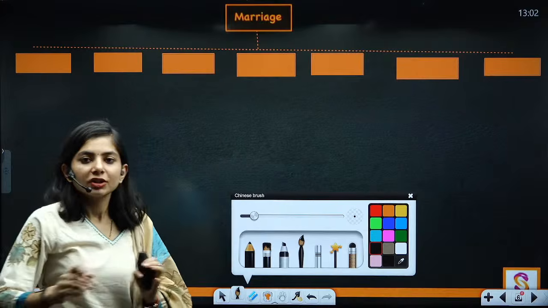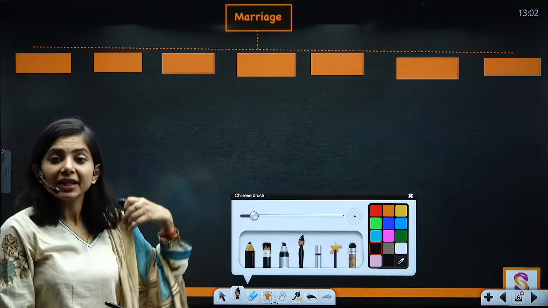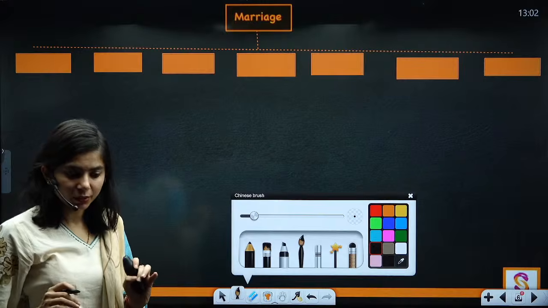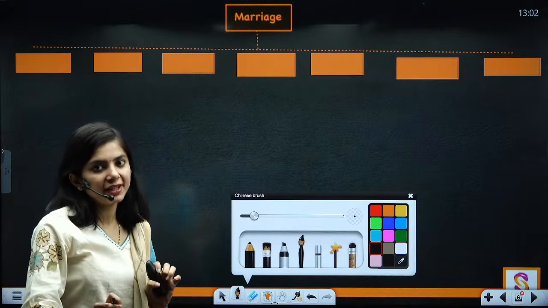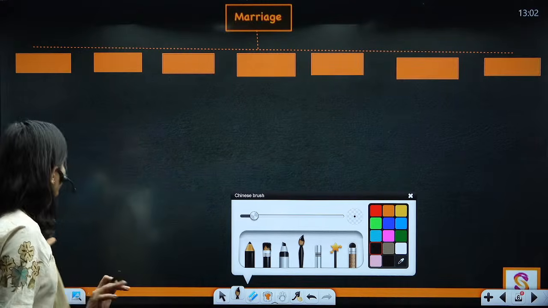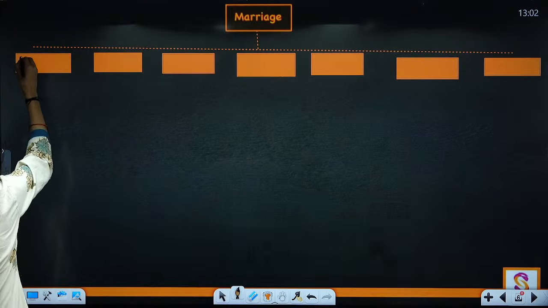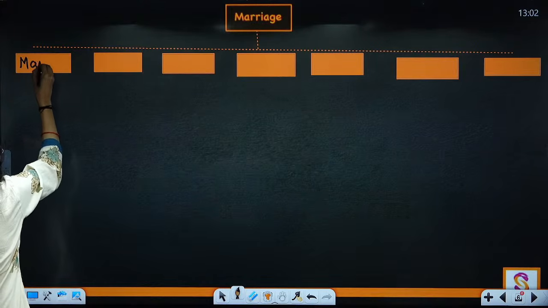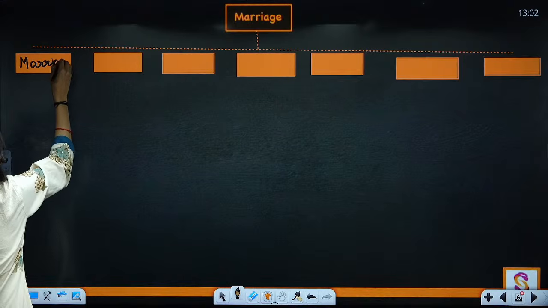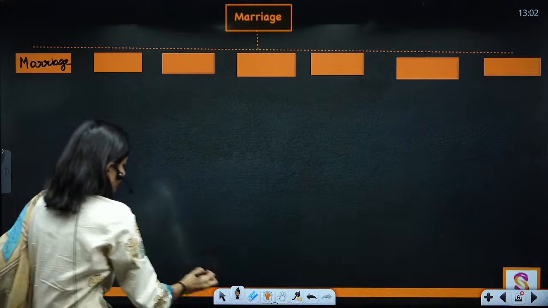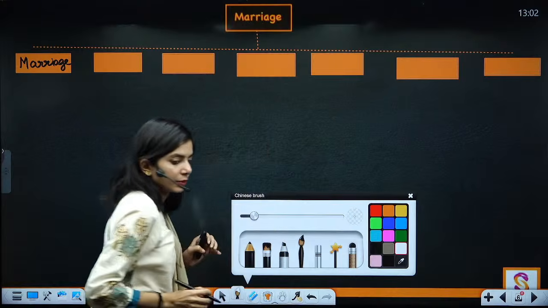Okay. So the first part, as per the UPSC syllabus that they had given to us, is marriage: definition and universality. So here we are going to write down what marriage is.